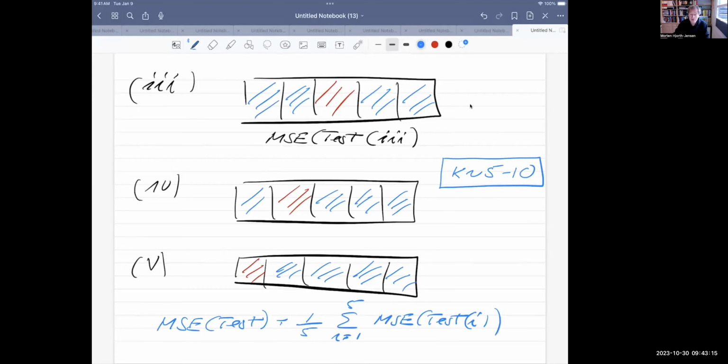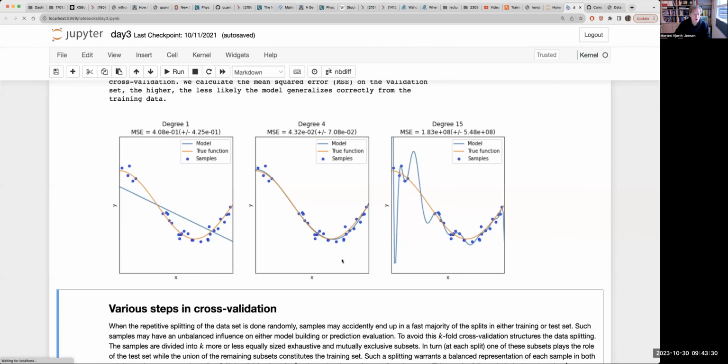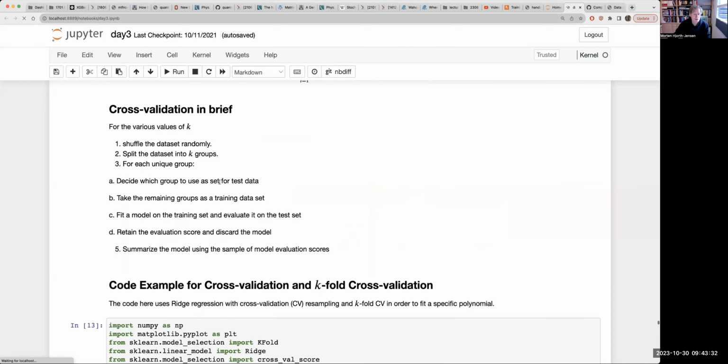After this, let's go back to the Jupyter notebook and look at the actual implementations of these methods. There is code here, and it is often much better to look at code. For the various values of k: shuffle the data set randomly, split the data set into k groups, and for each unique group, decide which group to use as the test data set.